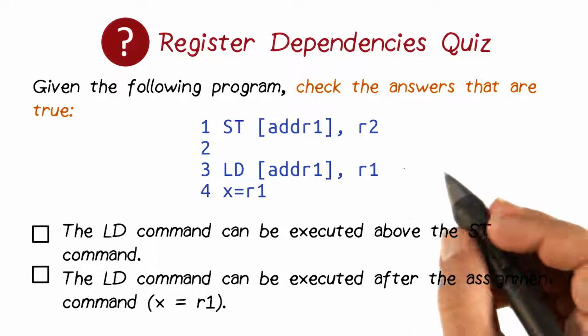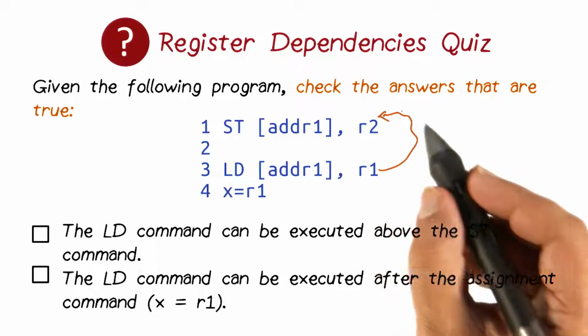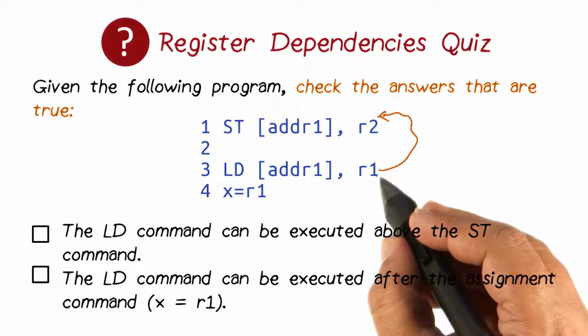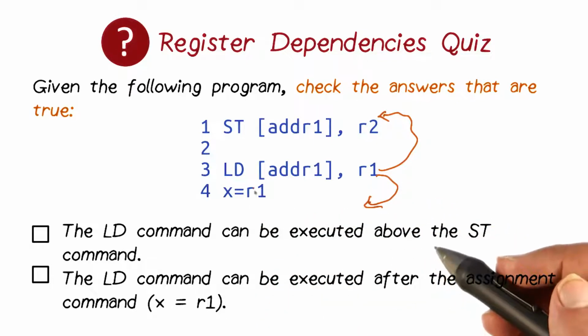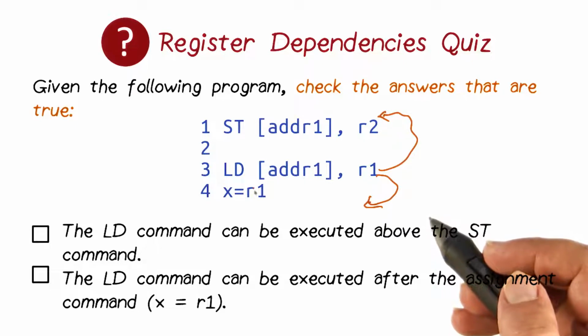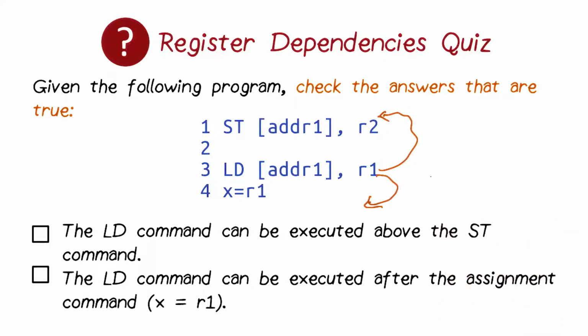Is this true or not? So the first one asks you if this load can be moved earlier than the store. And the second one asks you if this load can be moved after this X is equal to R1 statement. Please go ahead and write your answers now. If you think they are true, put a check mark, otherwise put a cross in these boxes.